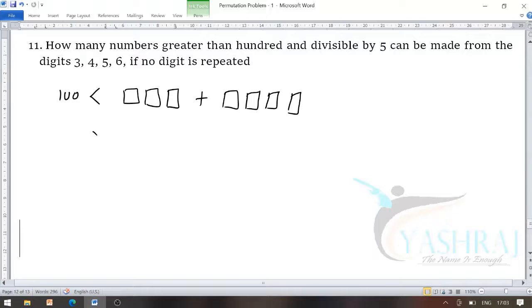So as per the addition principle, we have to add up the 4-digit numbers too.